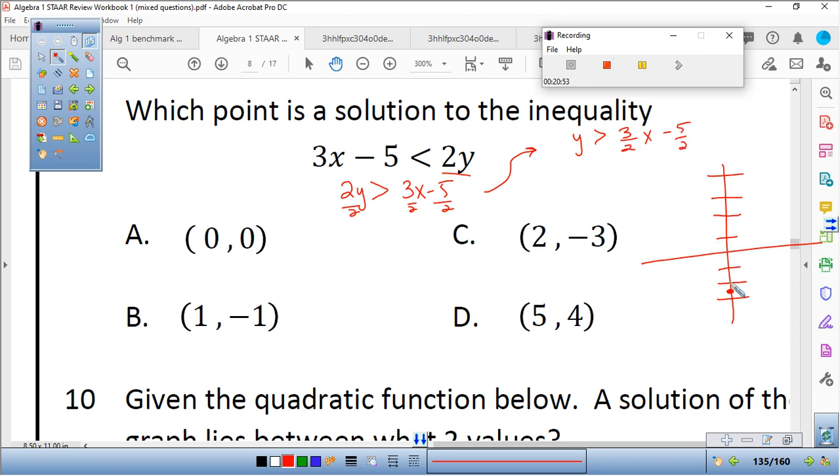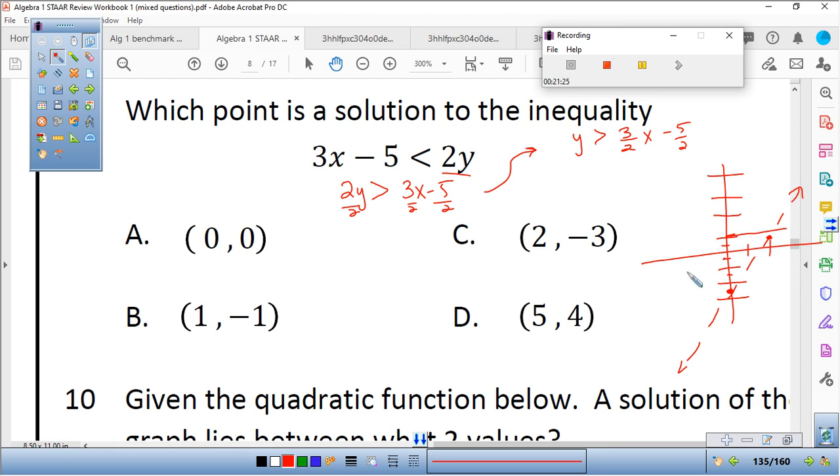And then my slope of 3 halves, so I'm going to go up 1, 2, 3, then 2 to the right. 1, 2. So I'm right here in the middle. So this line goes like that. Oh, and it's dotted. Man, there are minor mistakes this morning. And a lot of them.